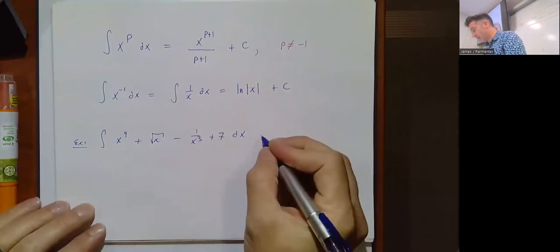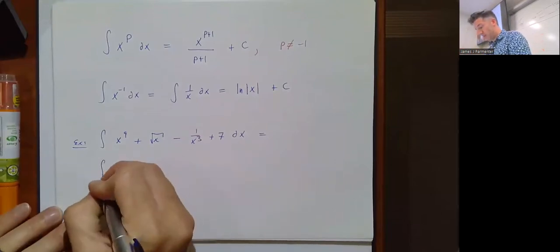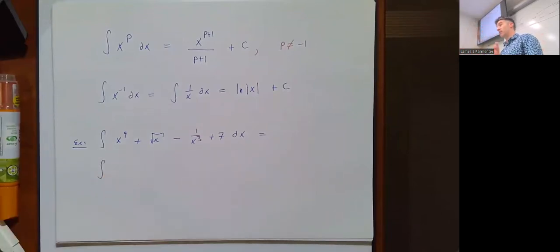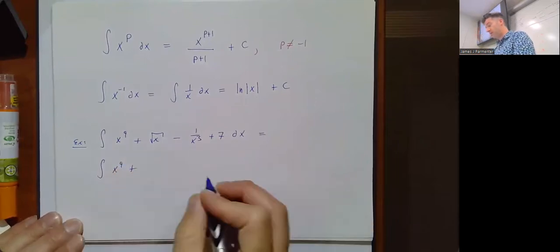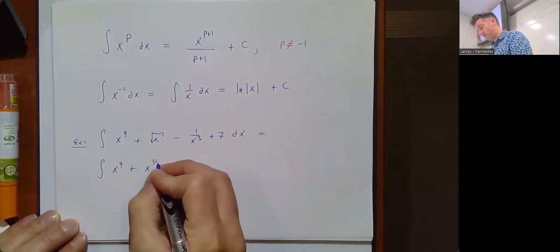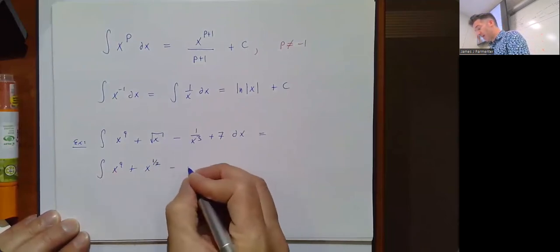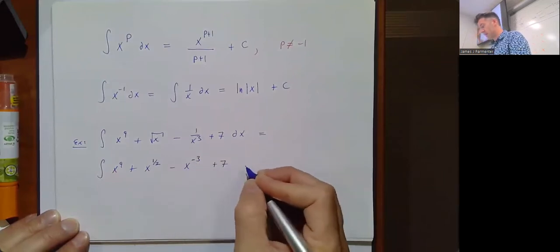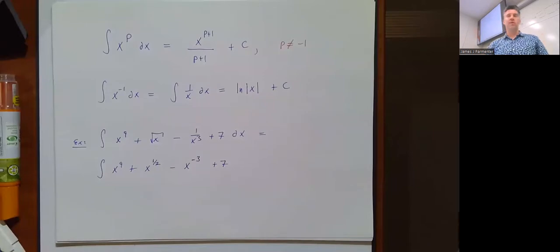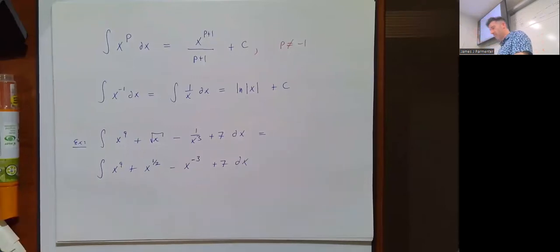I'm not doing anything other than writing the same thing, just simplifying. Instead of the square root of x, I'm going to write x to the 1/2. And instead of 1 over x cubed, I'm going to write x to the -3rd. For 7, you could, if you really wanted to, write 7 times x to the 0. I don't think that's necessary, but you could.